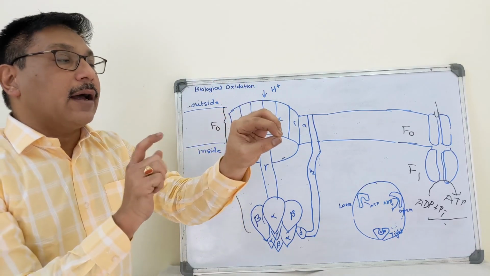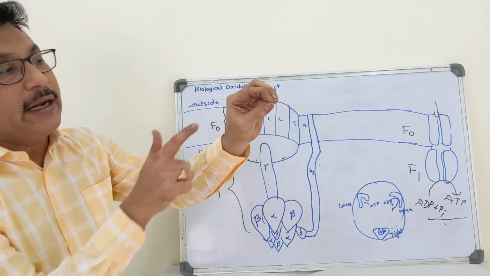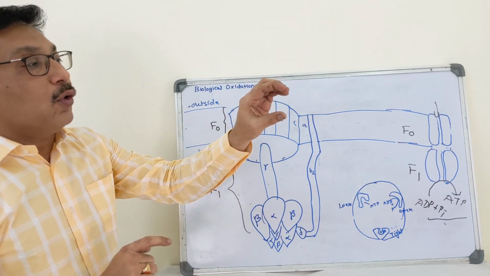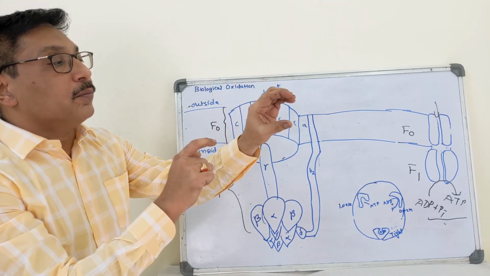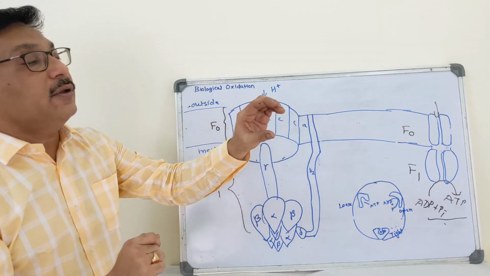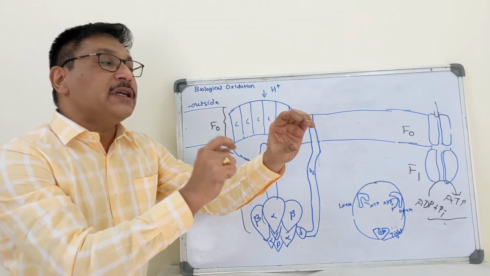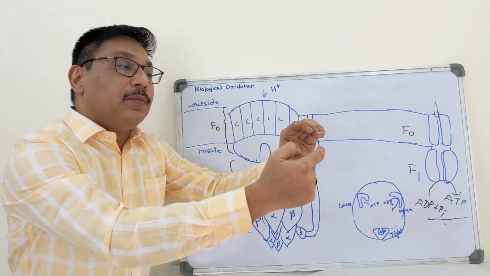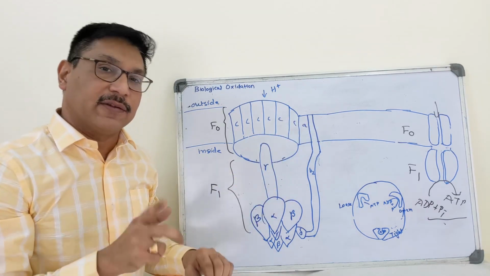These sites are present in three forms. One is a tight conformation, when ATP is synthesized and tightly bound. Second is a loose conformation, in which ATP is released, and third is an open conformation, where ADP and Pi enter into this site so that ATP can be synthesized.